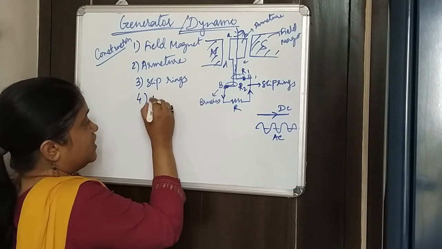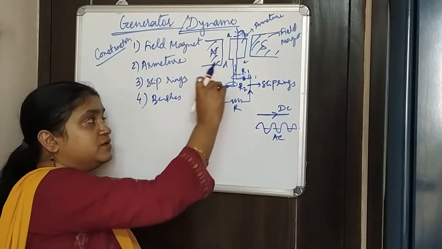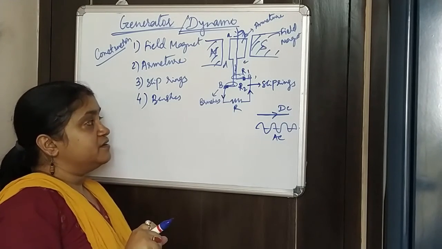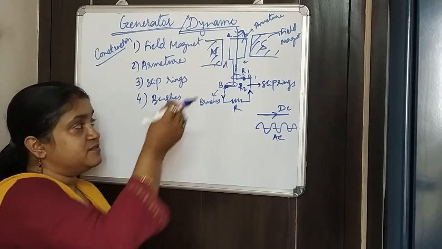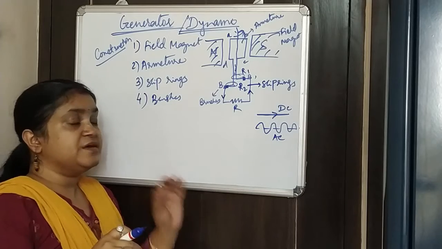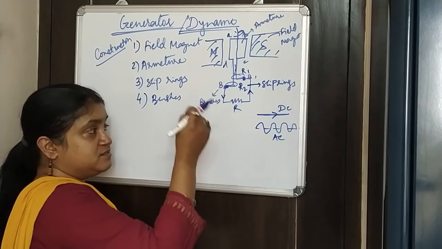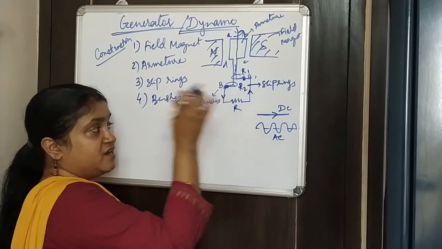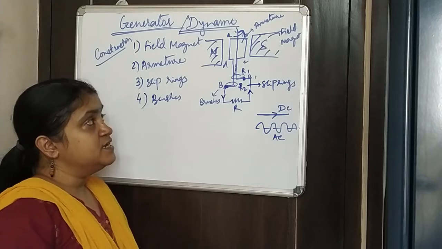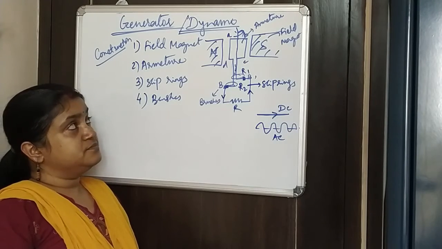The last one is the brushes. Brushes are small metallic copper pieces which help the proper EMF to be collected, and therefore we can collect the EMF across resistance R. So this is the construction of the AC dynamo.